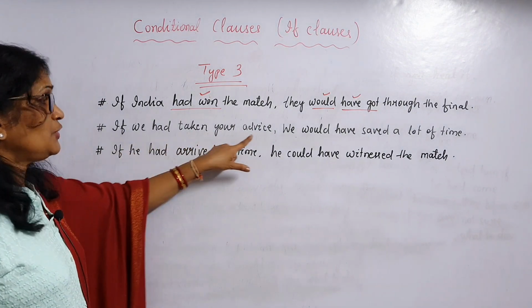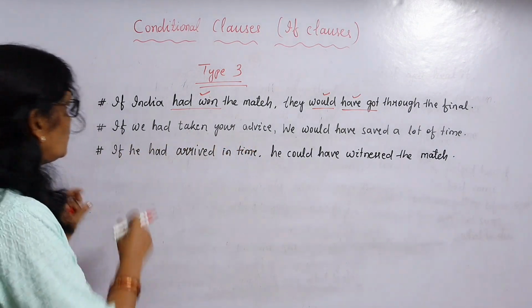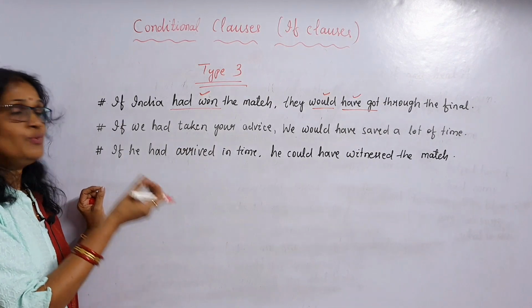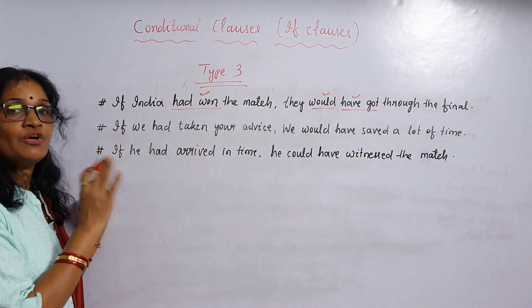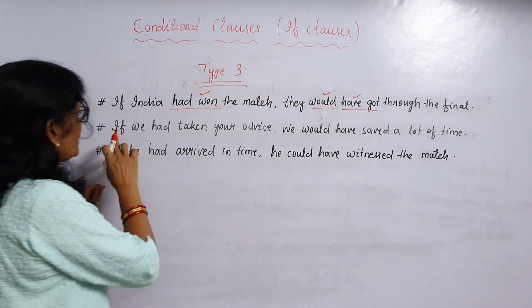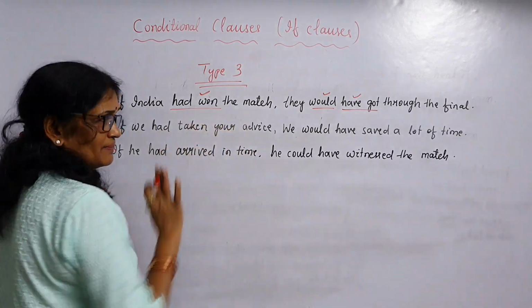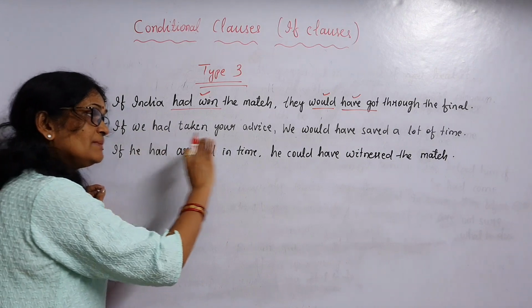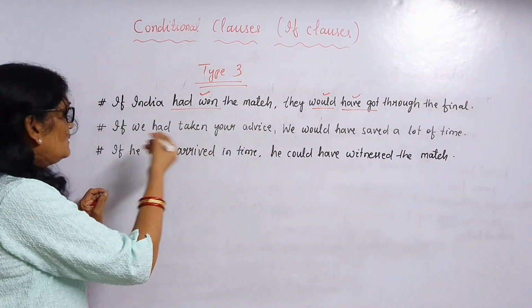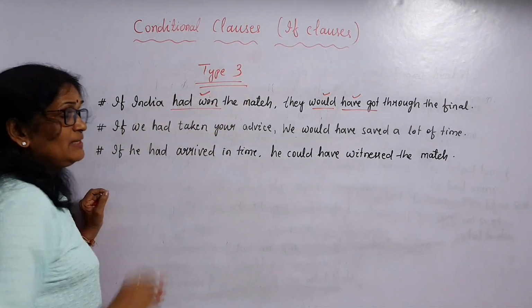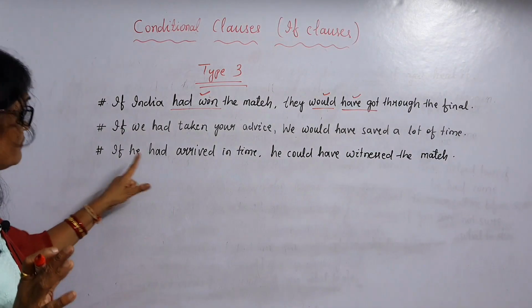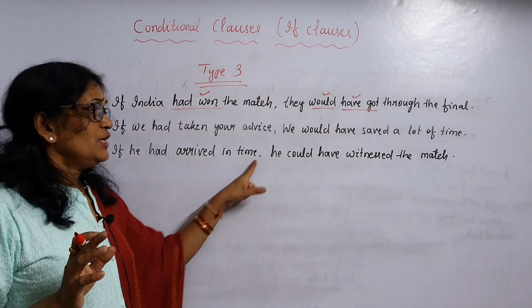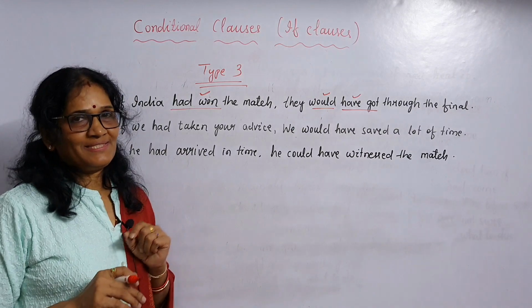If we had taken your advice, that means we did not take your advice. Okay. If we had taken your advice, we would have saved a lot of time. Completely imaginary. There we use the type 3 conditional clause. If he had arrived in time, he could have witnessed the match.